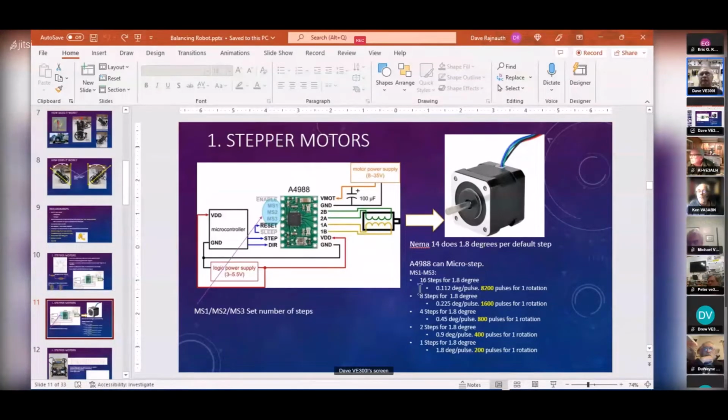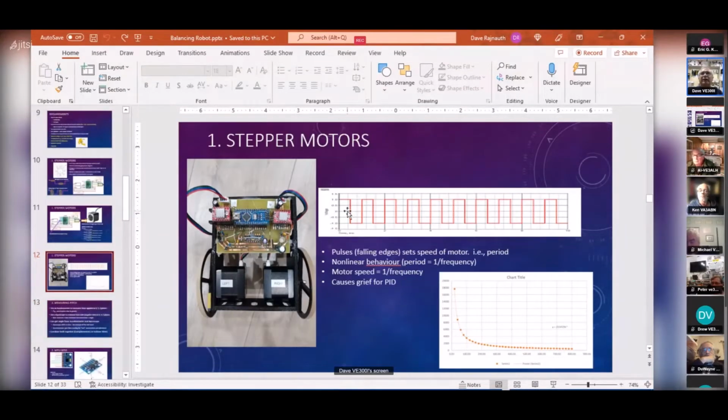You can set this up so that it takes 16 steps to go 1.8 degrees. That means you have to generate 3,200 pulses for the shaft to go around once. And you can set it for 8 steps, 1,600 pulses, and so on. Those pins allow you to set the resolution of your steps.